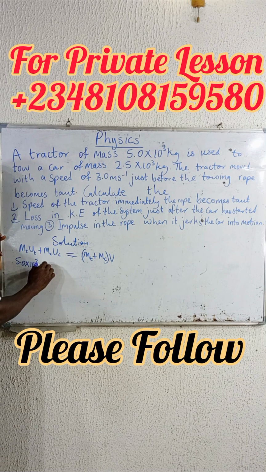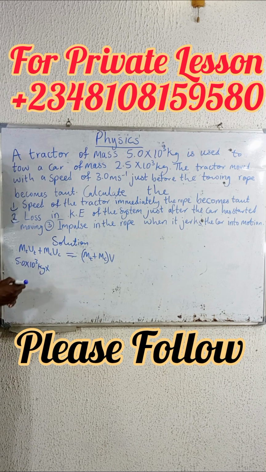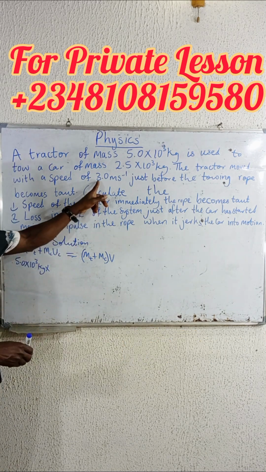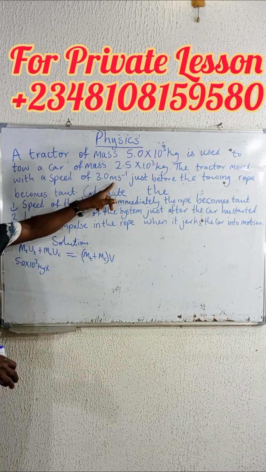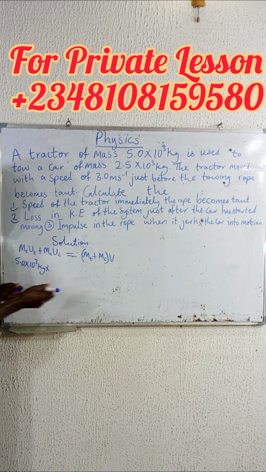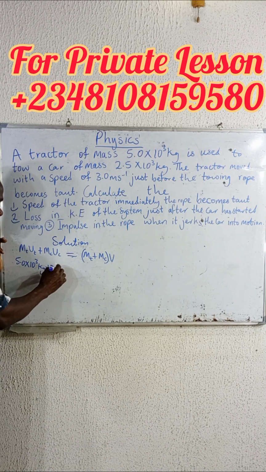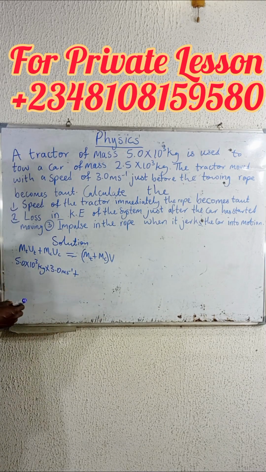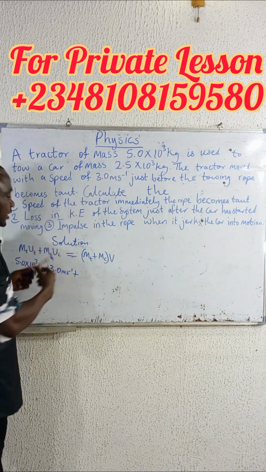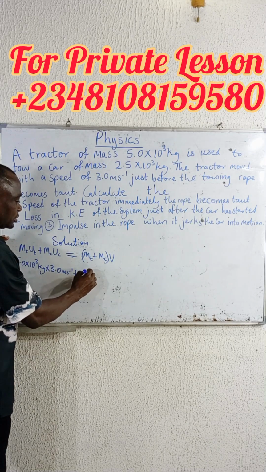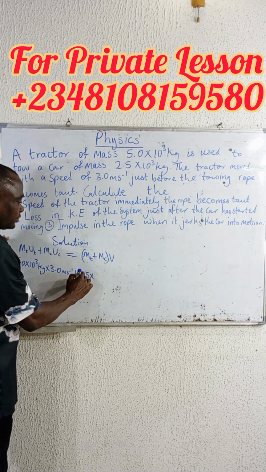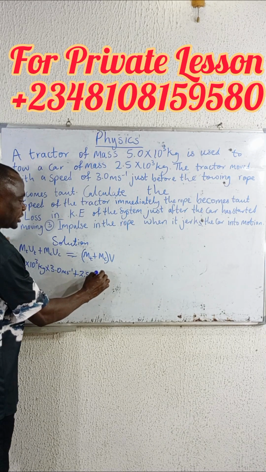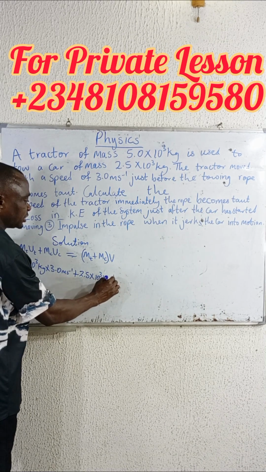All right. The mass of the tractor is 5.0 times 10 to the power 3 kilogram, times the initial velocity of the tractor, which was 3.0 meters per second, plus the mass of the car, 2.5 times 10 to the power 3 kilogram, times the initial velocity of the car.